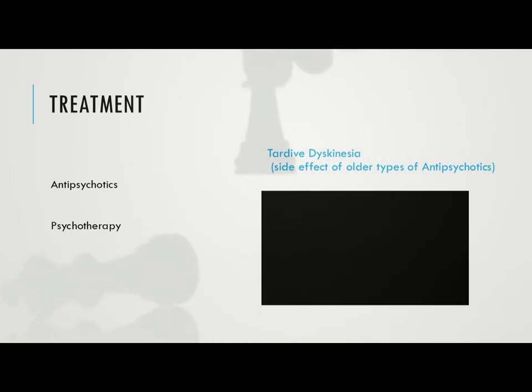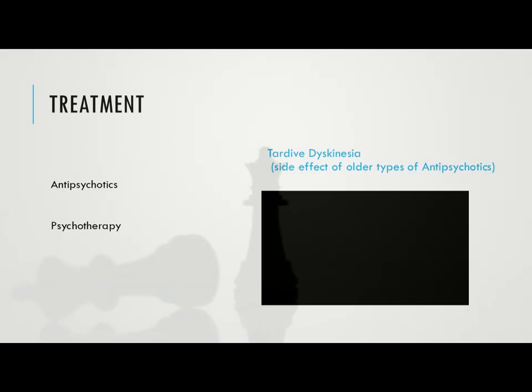So we've moved on to second-generation antipsychotics, things like risperidone and olanzapine. And these target both dopamine and serotonin receptors.